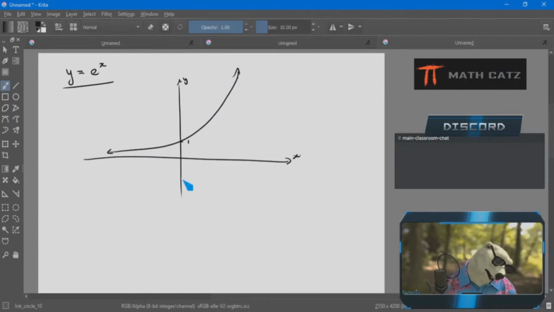Now, this little guy is going to come up over and over and over for the rest of the semester. It's arguably the most important function for early calculus. However, I see people every single semester not being able to graph the basic exponential function.